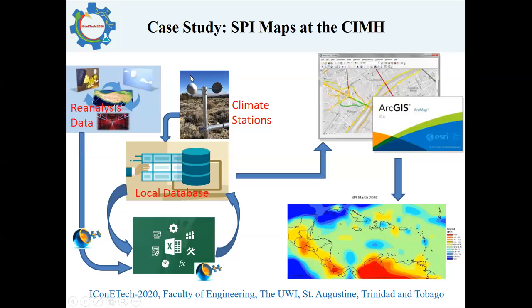So the general CIMH approach was to take reanalysis data, take climate information, create a localized database, process some of the data in Excel, and return the processed information to this database, right? And they are also incorporating their own software, their own C++ routine, to extract the SPIs. Once this is done, it was brought into ArcGIS, the ArcMap software, and then the final map was produced.